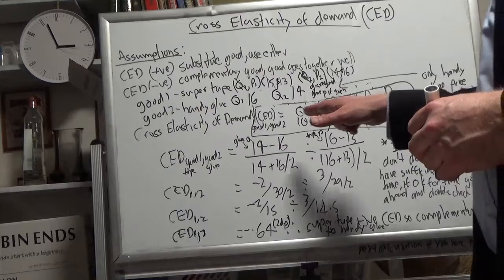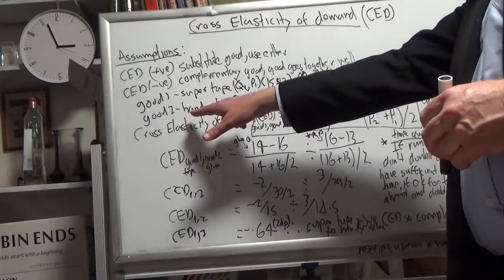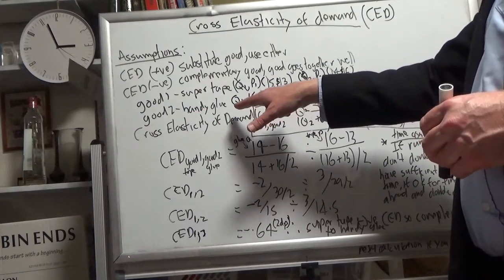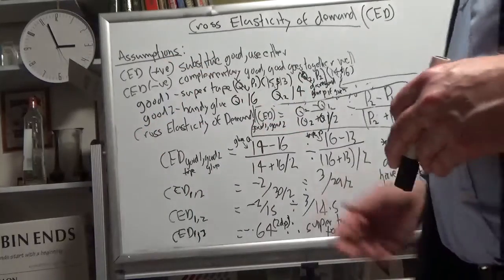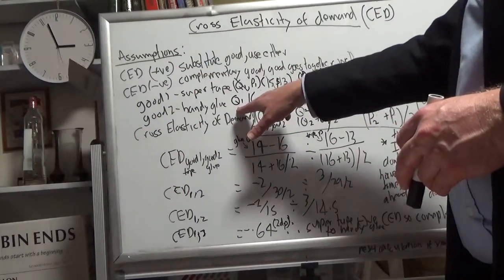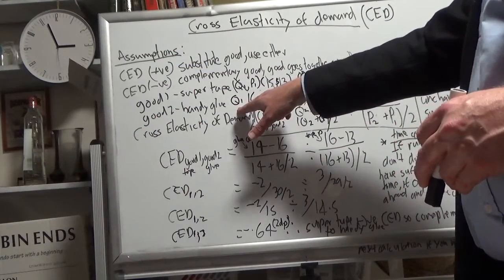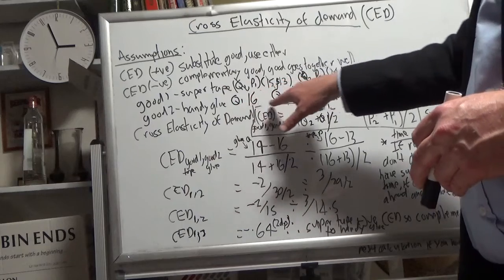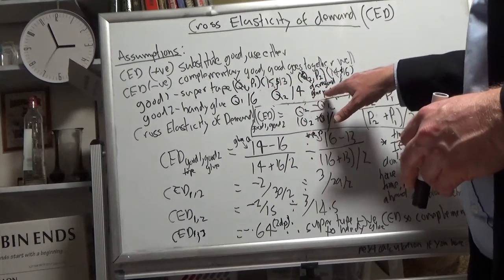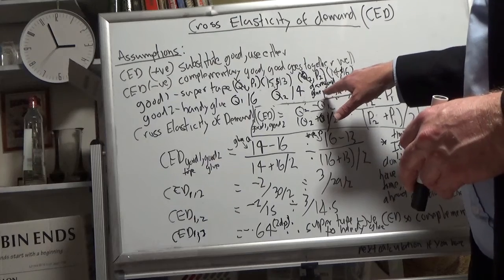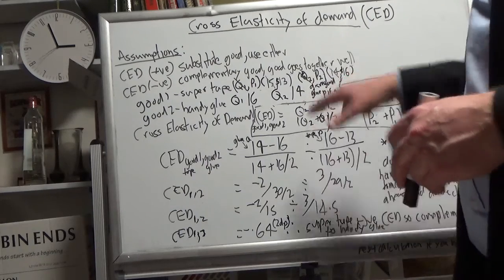Now we're looking at the quantity demanded for the other product, handy glue, because of the change in the other product, Super Tape. So we've got two sets of quantities for handy glue. We start with Q1 16, Q2 14, and this time round disregard any glue prices if you're given them.